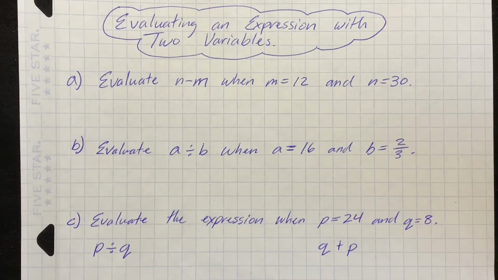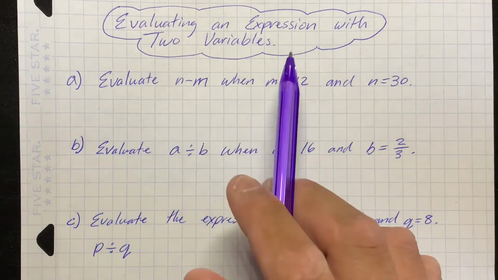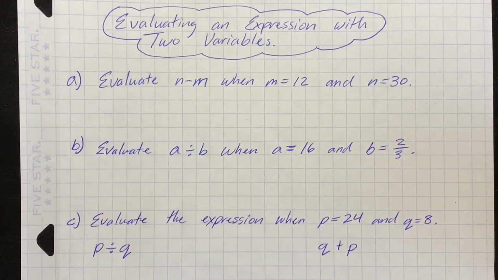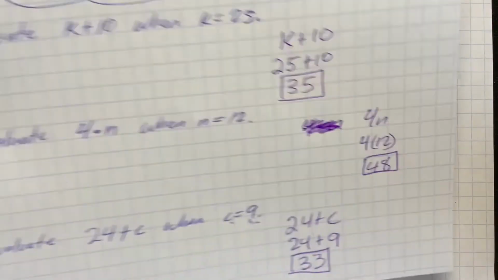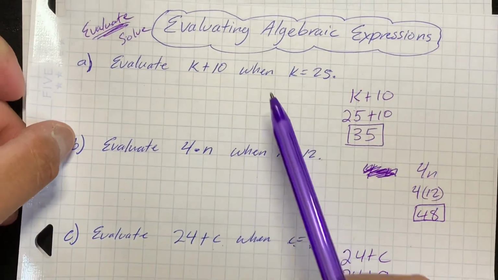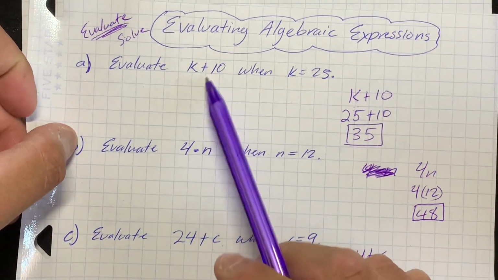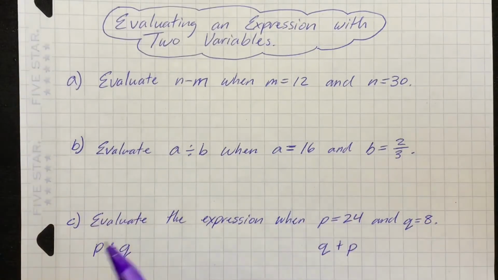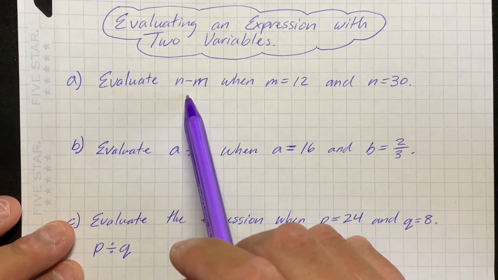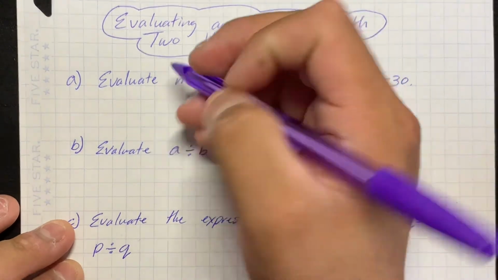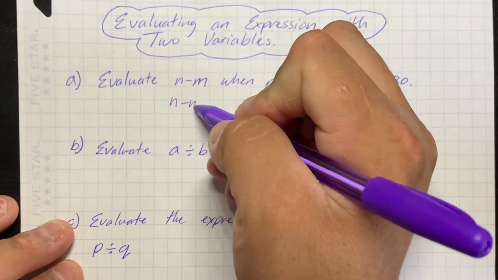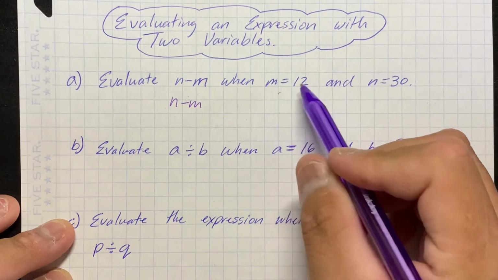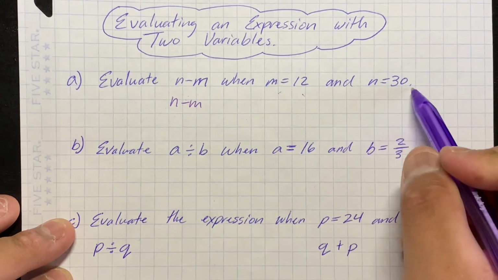All right, we're going to continue evaluating an expression, this time with 2 variables. Last time we evaluated the algebraic expression with one variable, but this time we have two variables, okay? So we're going to evaluate n minus m. So n minus m when m equals 12 and n equals 30.